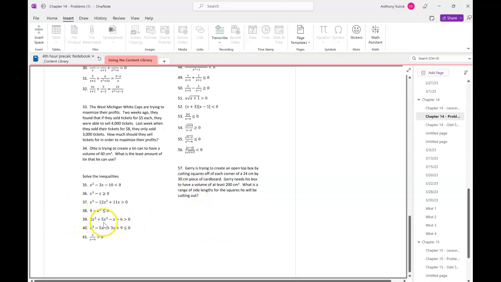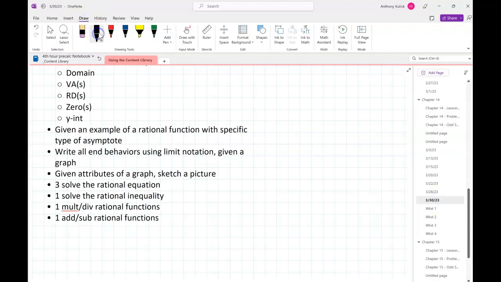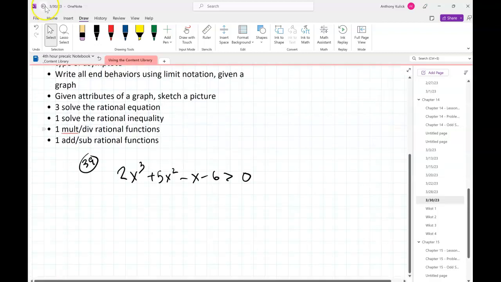So 2x cubed plus 5x squared minus x minus 6 greater than 0.